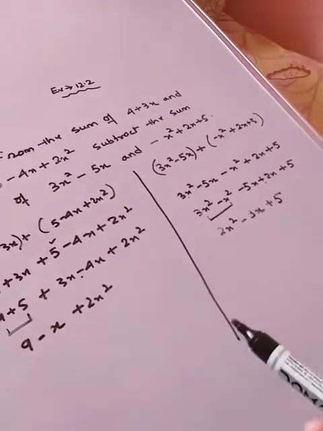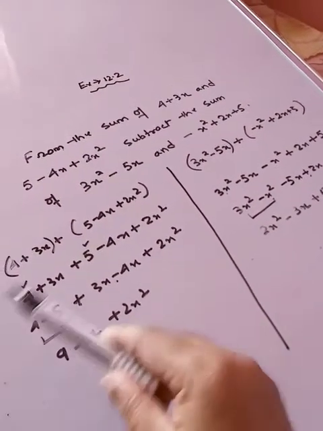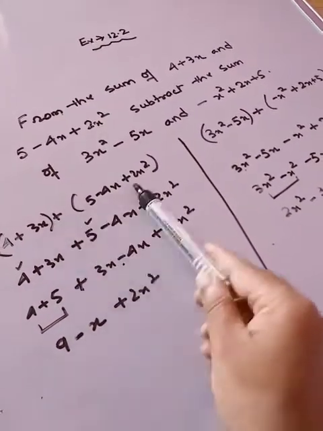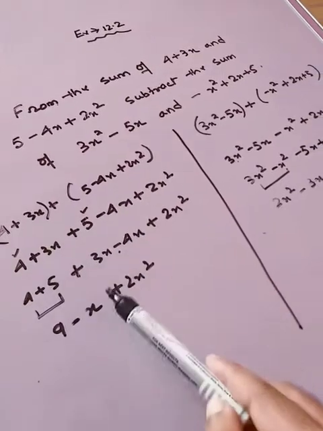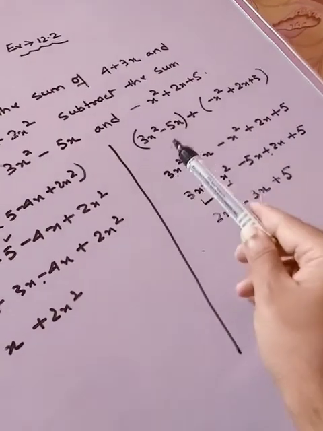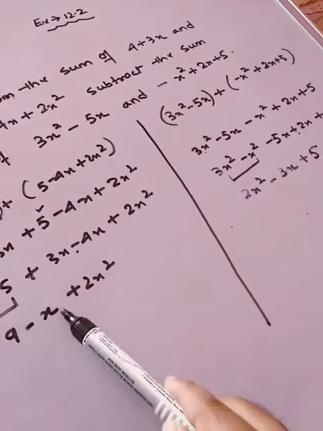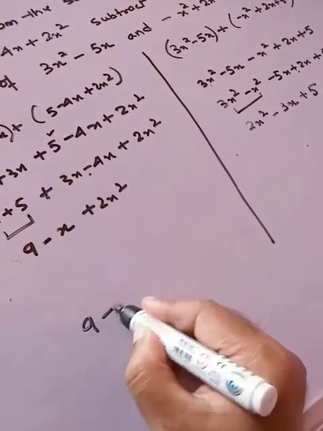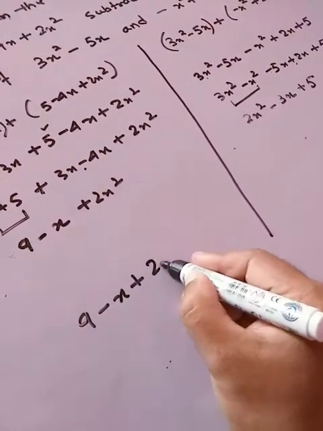Okay, now we are quite aware of the sum of both the parts, isn't it? Now what we have to do? From the sum of this, we have to subtract the sum of this. That means this minus this we have to do. So 9 minus x plus 2x square.